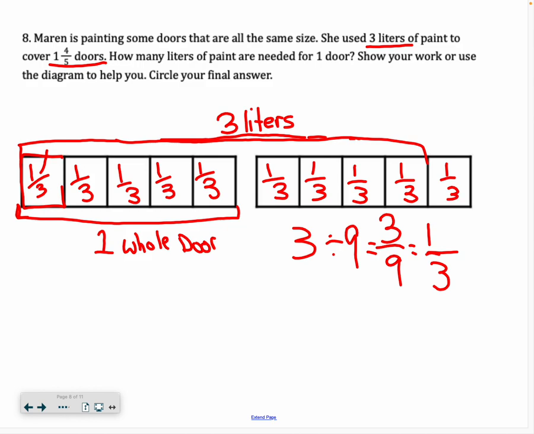Now, I didn't really have to put them in that second set because remember, we're just finding this 1 full door, okay? So then to get the total amount of paint in that 1 door, I'm going to be adding all these thirds up, okay? So 1/3, 2/3, 3/3, 4/3, 5/3.